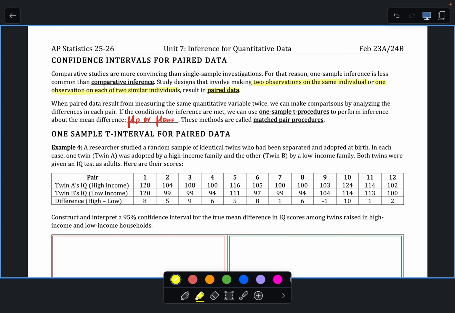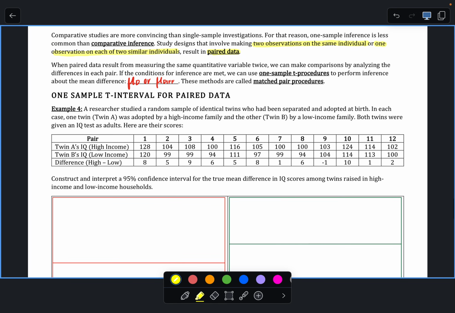Where people usually mess up with matched pairs, for the most part, it's going to be kind of tricky, but not. They tend to give you all of the data. So just to point out from our example, we are doing identical twins. One was raised in a high income, one was raised in a low income, and they want to compare IQ scores.